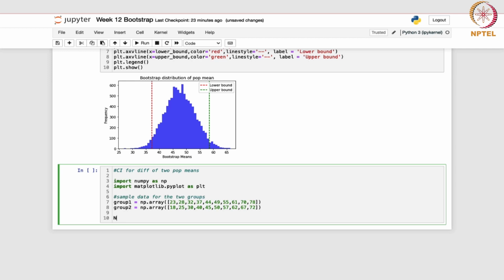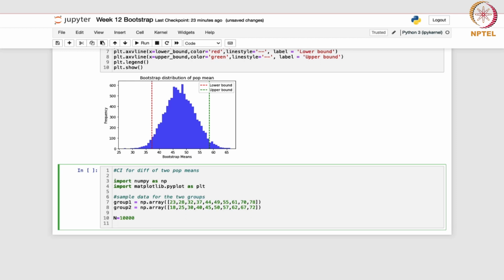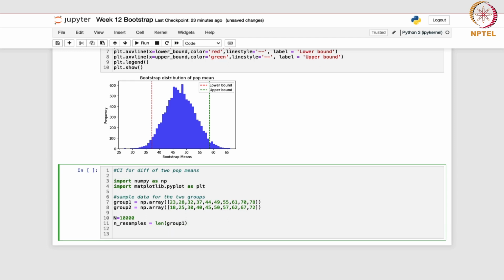After this, we would again specify the number of bootstrap samples that we will be taking. Let that be 10,000. And the number of resamples would be the same as the length of the data set. So if you write for group 1, that will be the same for group 2 also. Now we are going to initialize an array as we have done earlier.